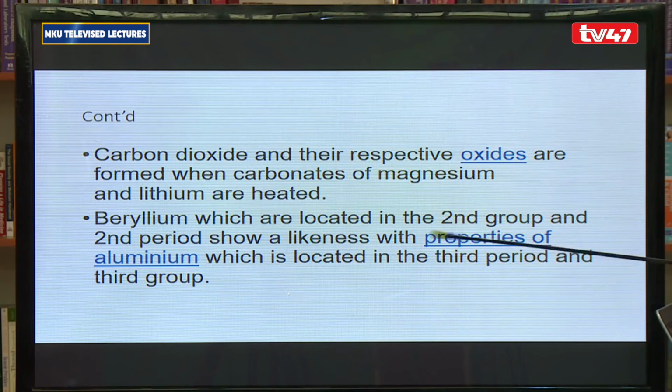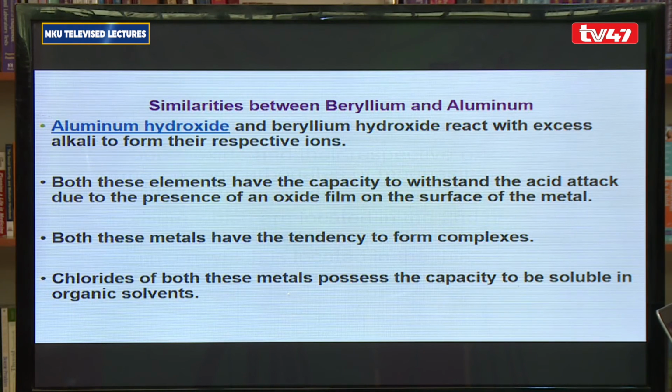and magnesium. Now, beryllium shows similar properties to aluminium, which is in the third period and the third group. For instance, beryllium and aluminium hydroxides react with excess alkali to form respective ions like aluminate ions and beryllate ions.